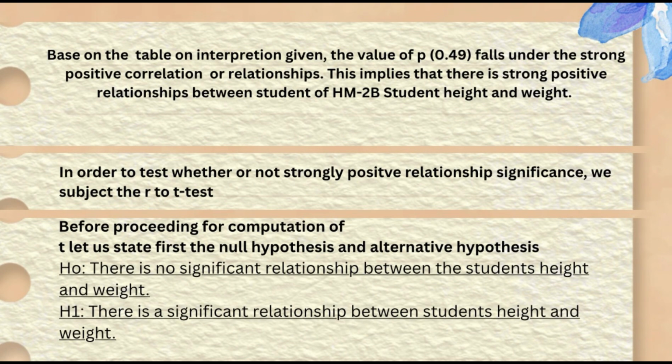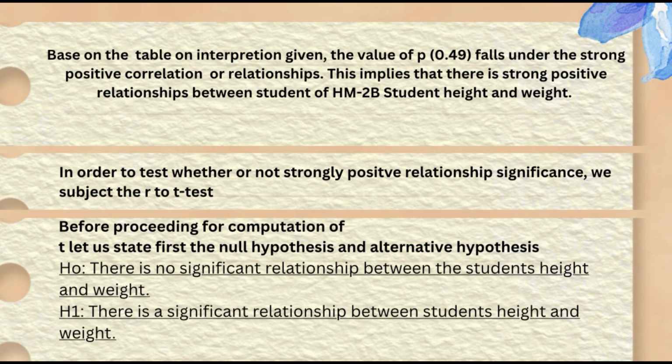Now, let me explain how we interpreted the computed value of P 0.49 and tested its significance. Based on the table and the interpretation given, the value of P 0.49 falls under the strong positive correlation. This implies that there is a strong positive relationship between HM2B students' height and weight.